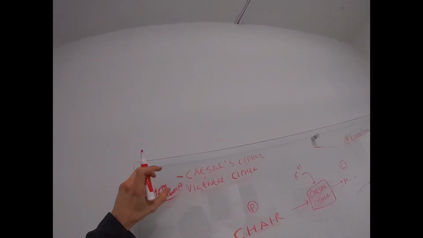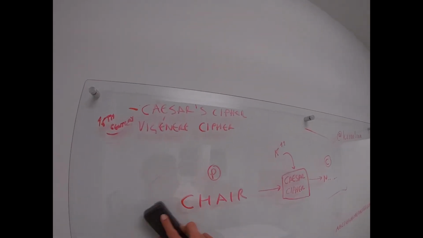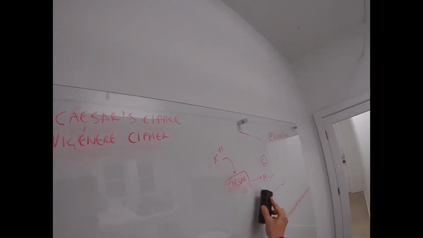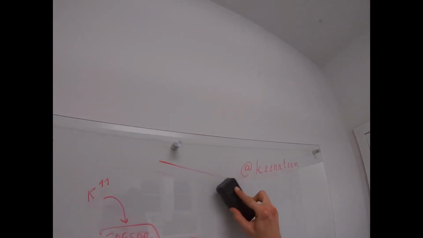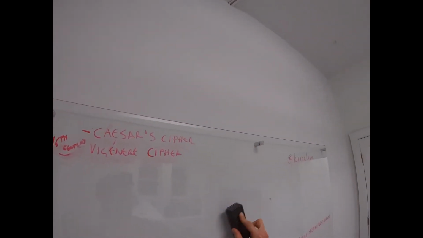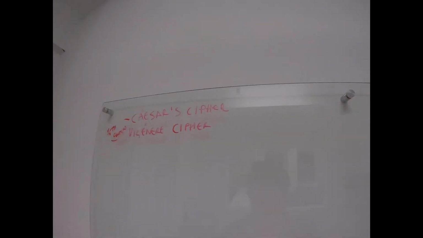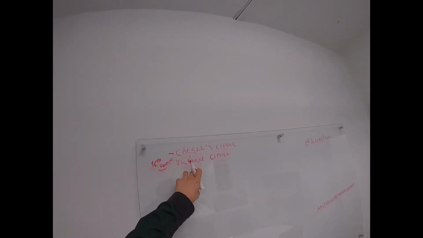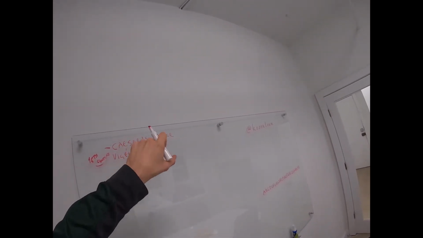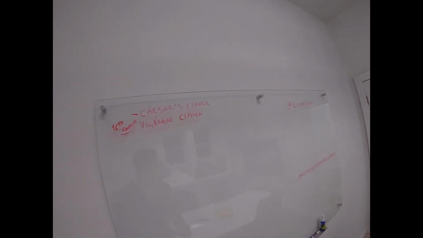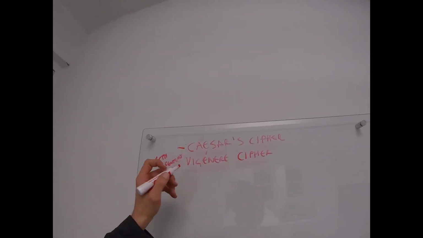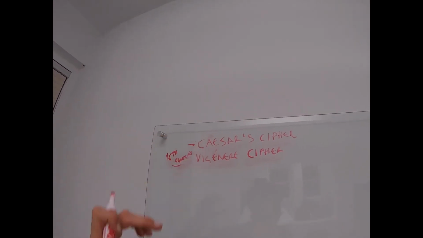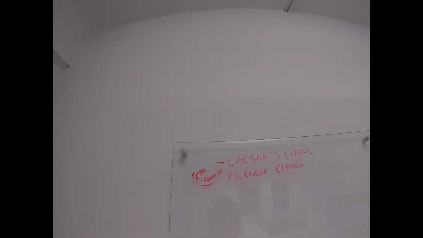Now, there's a bit of a contradiction, because it's not actually Vigenere, the French guy, who invented it; it was an Italian guy. But that's another story. Who cares? Let's go through the Vigenere cipher.